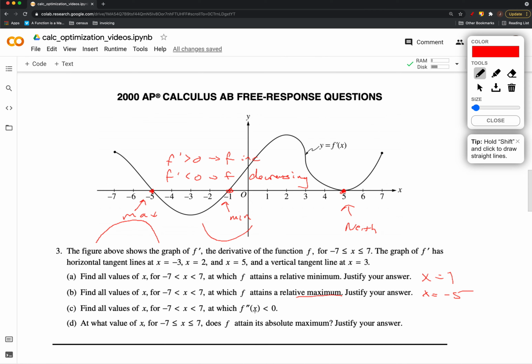And where the second derivative is negative, well, that means wherever the first derivative of this is negative, or where it's decreasing. So anywhere between -7 and -3, and let's see, 2 and 5.